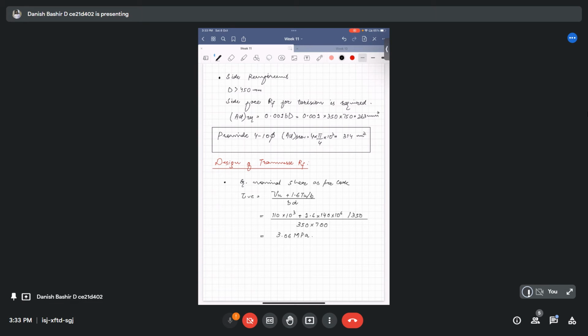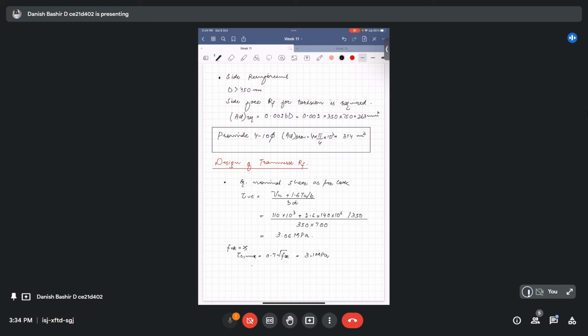Now you have work to do here. You have to compare it with the maximum shear strength of the concrete. Since we have FCK equals 25, tau C max, the maximum shear strength of the concrete, is given as 0.7 root FCK. That's the formula from the code. So this comes out to be 3.1 megapascal.